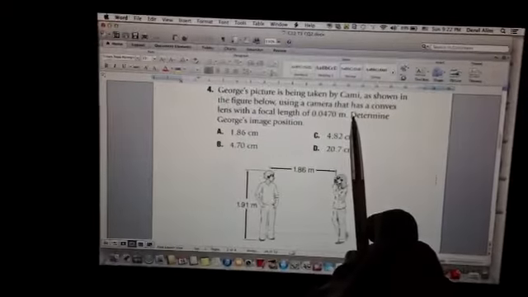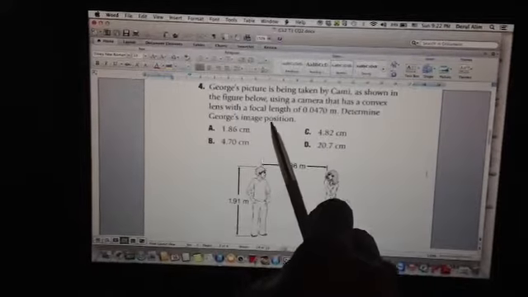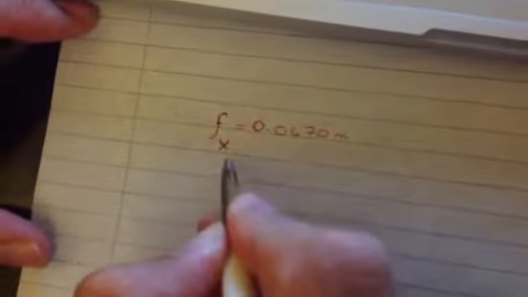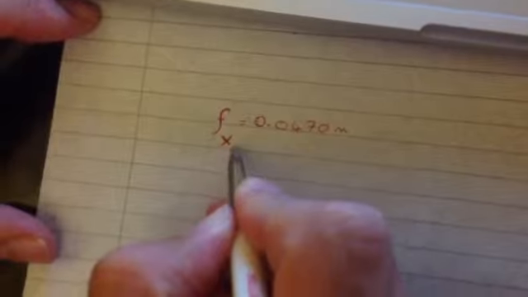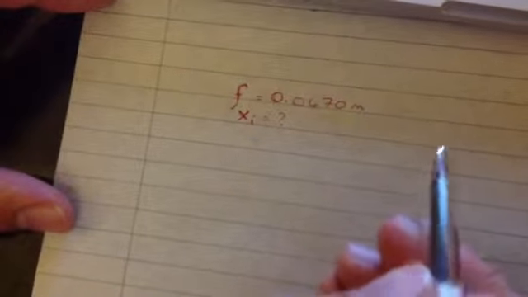Okay, the next thing we have to write down is what they're asking for, because they didn't give us any other piece of information in the question. Determine George's image position. So we write the symbol for image position. Position is x, or distance, position, and it's an image as opposed to object. Question mark.